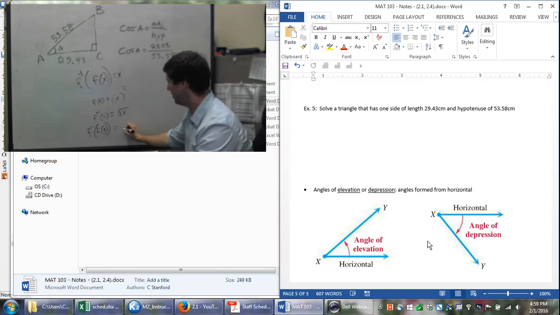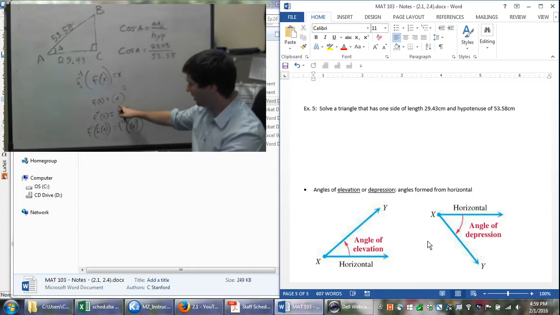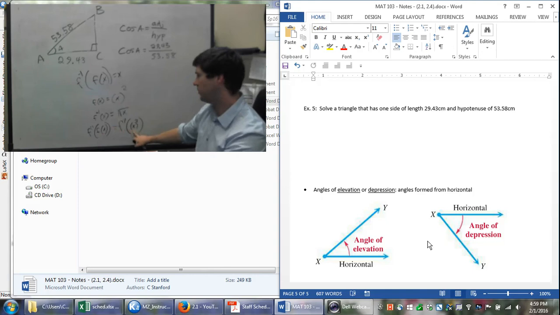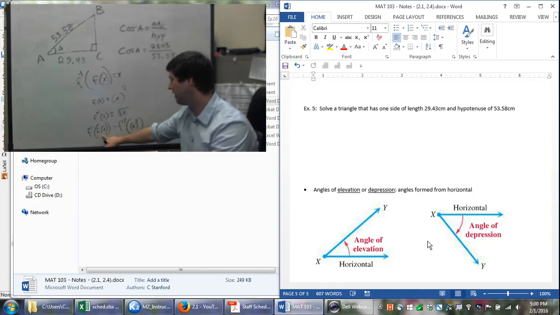In fact, I'm actually going to write out ADJ. It's equal to the adjacent side divided by the hypotenuse. But we know the adjacent side, and we know the hypotenuse.